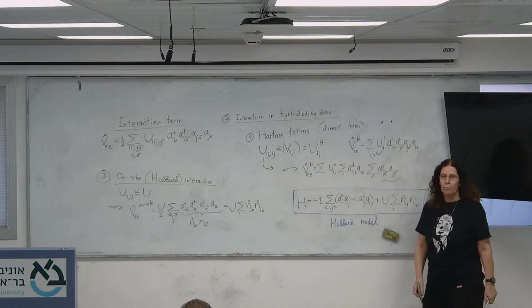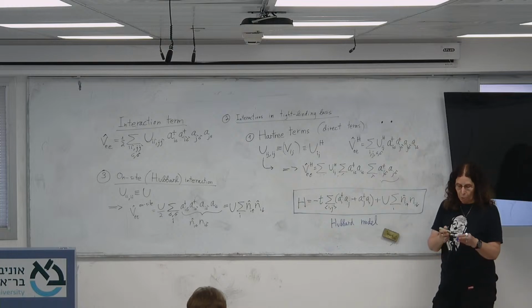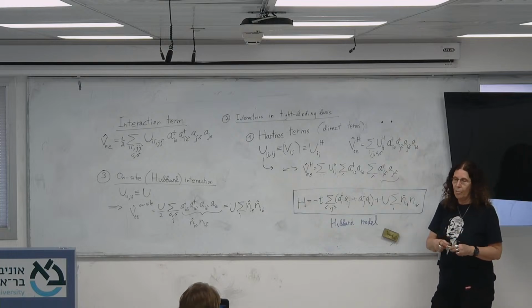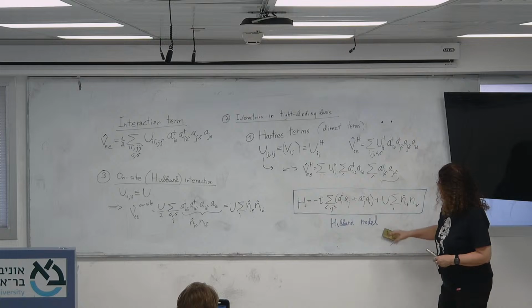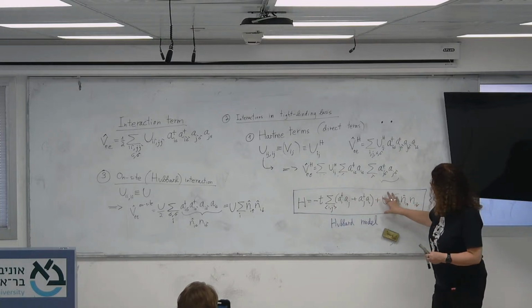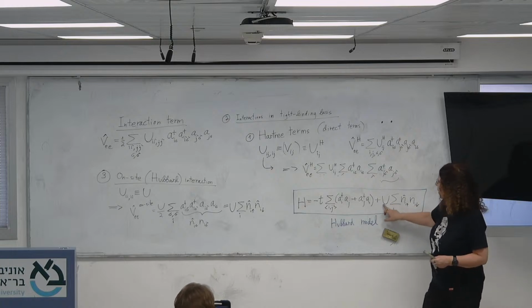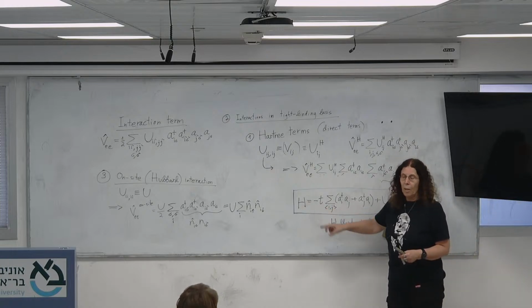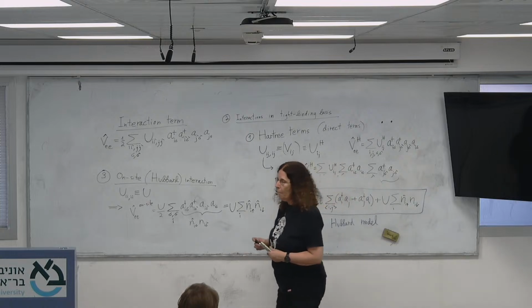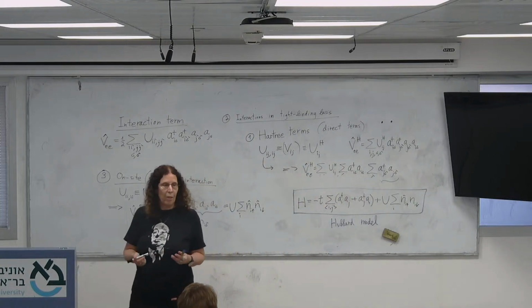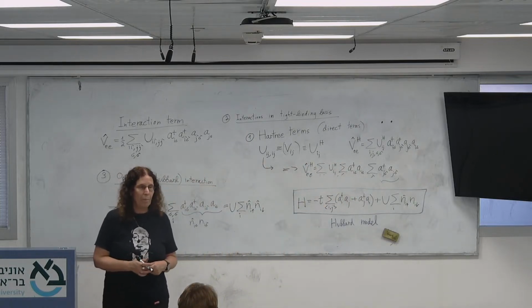Okay? And it's a very, very useful model in solid state physics of strongly interacting materials, because in different limits, and especially in the regime where U is much larger than t, you can get all sorts of interesting phases, okay?